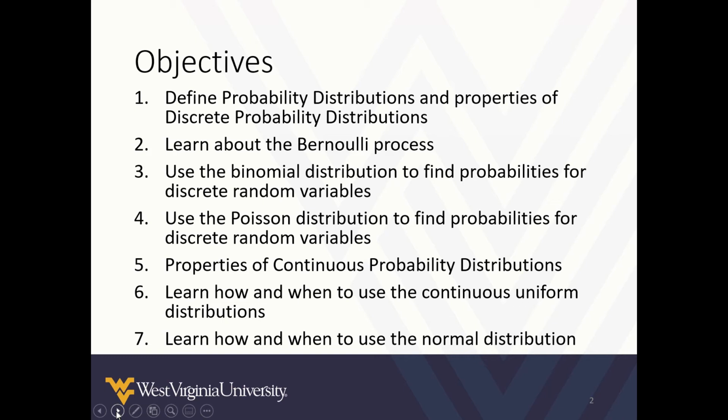Our 5th objective will be to examine the properties of the continuous probability distributions, and then our 6th and 7th objectives will examine 2 specific continuous probability distributions, that is the continuous uniform distribution and the normal distribution. You're going to want to pay special attention to the normal distribution. It is a very important distribution in statistics.